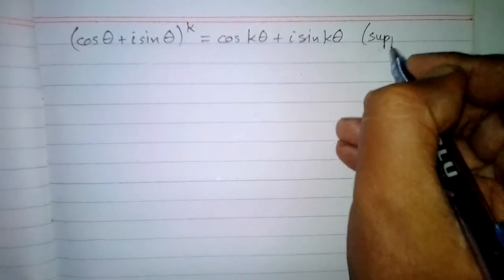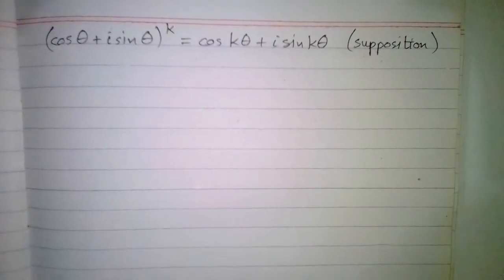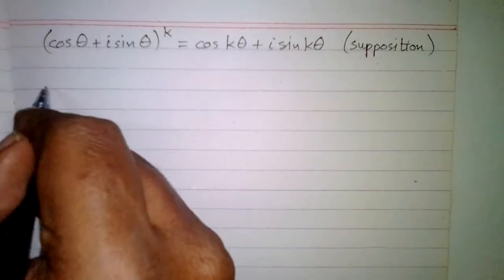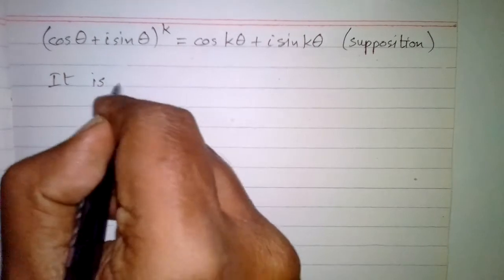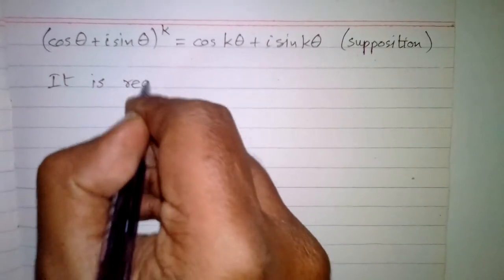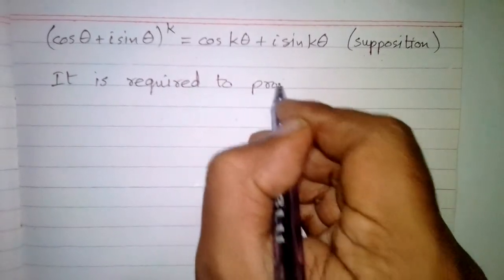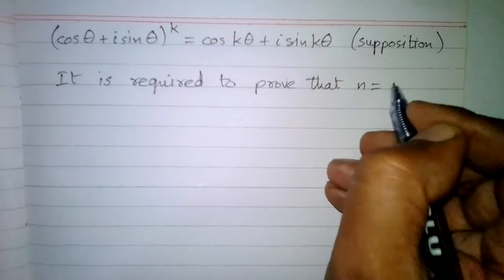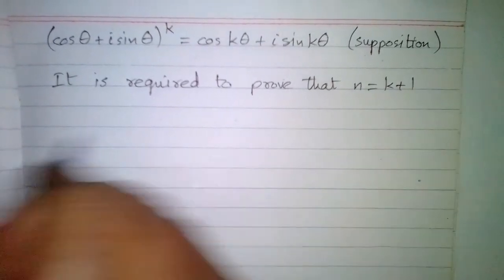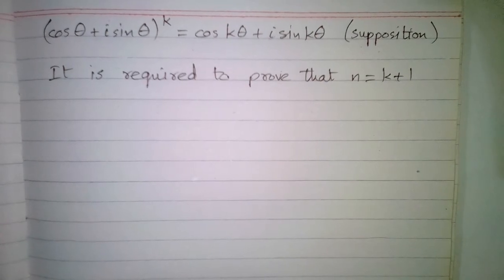This is a supposition, and we have to prove that it is true for n is equal to k plus 1. It is required to prove that it is true for n is equal to k plus 1.